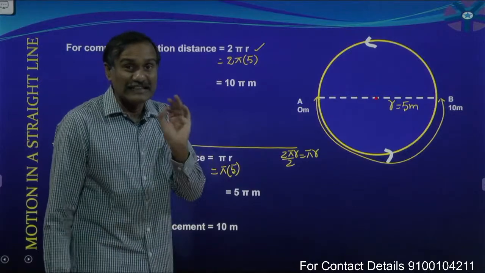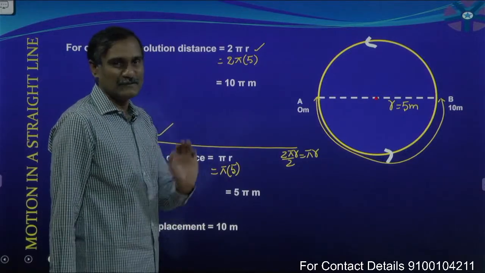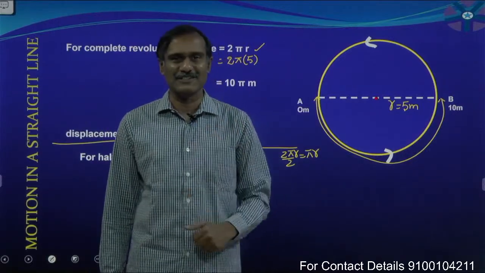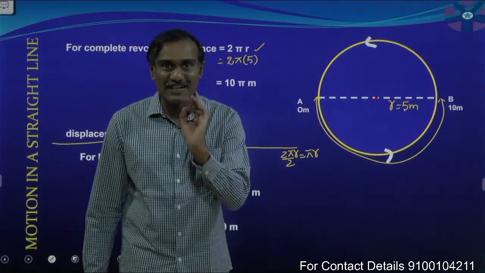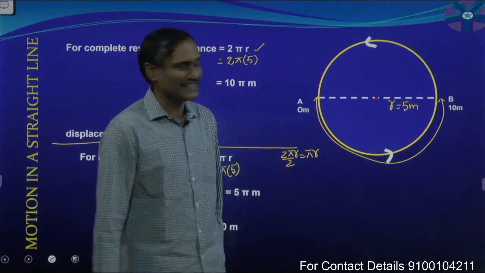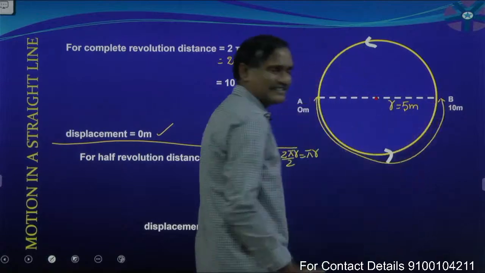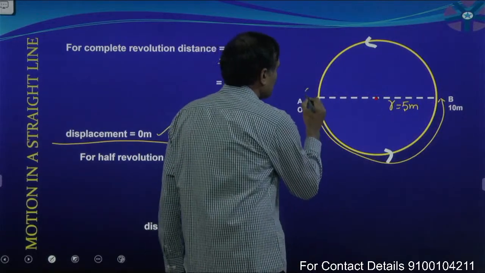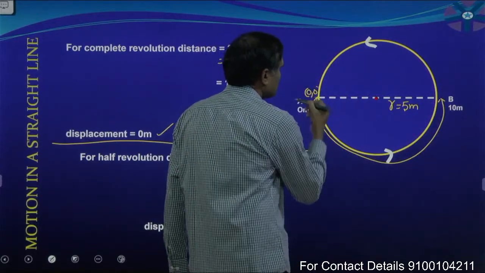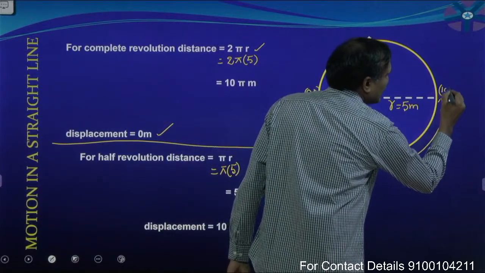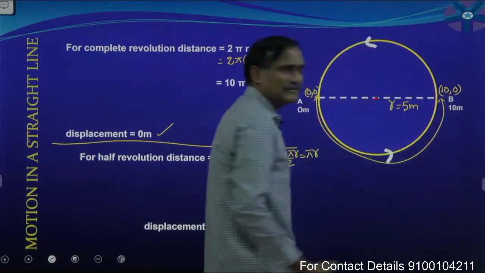Now what about displacement? Displacement is nothing but final position minus initial position. Remember that. Now you consider this is the x axis. Its position is taken as 0, 0, and its position is taken as 10, 0.